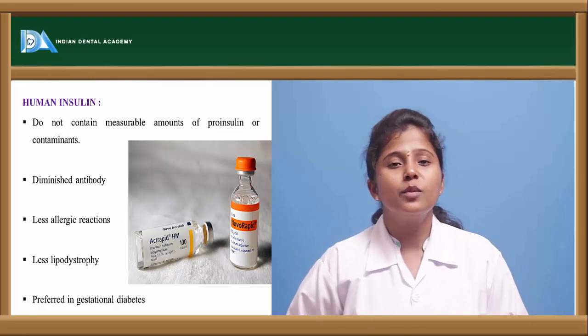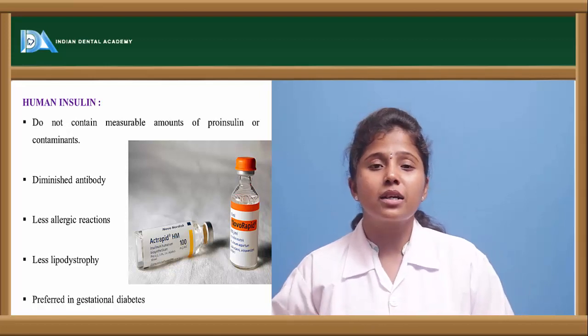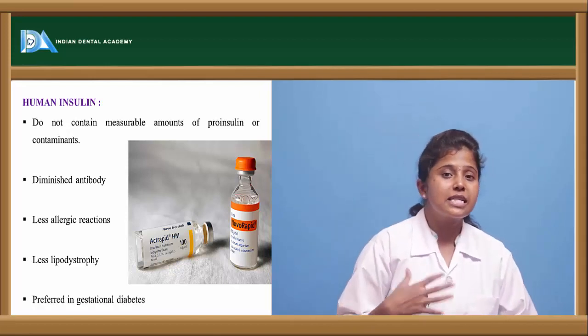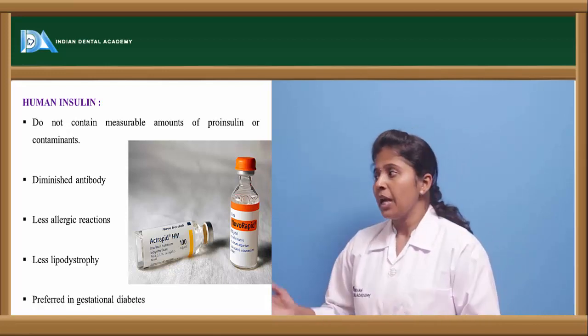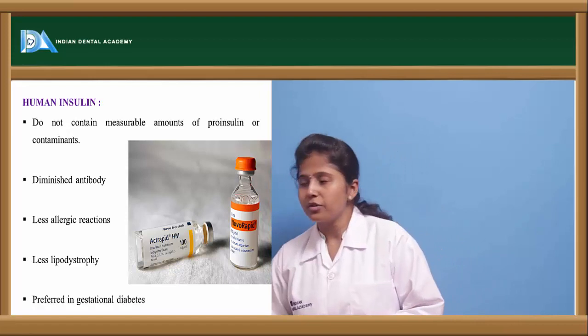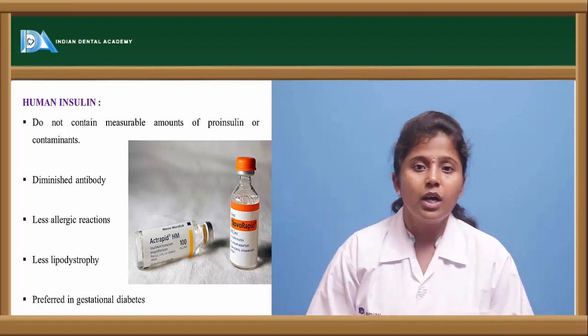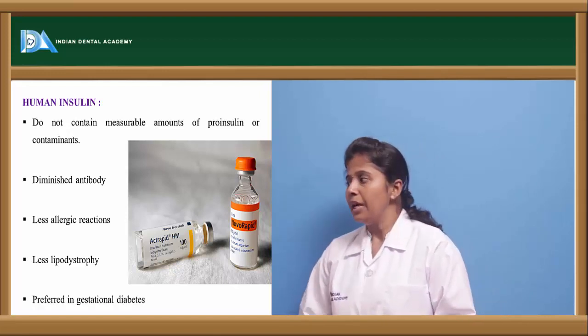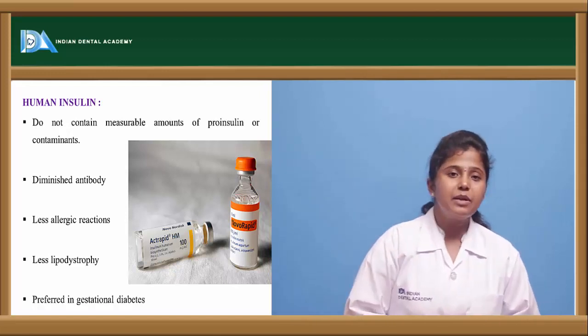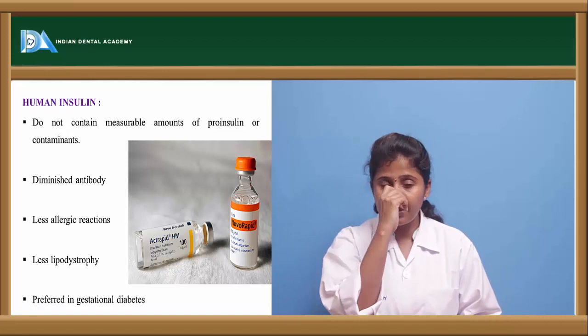Let us see what human insulin is. Human insulin is synthesized by the recombinant gene expression method, and it does not contain measurable amounts of proinsulin. This human insulin is an active form, and its preparations contain diminished antibodies.